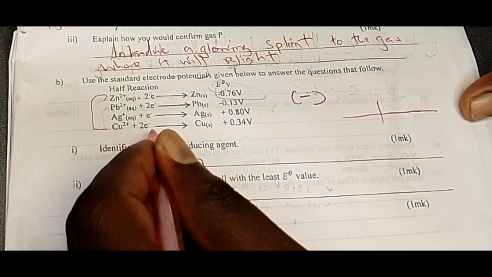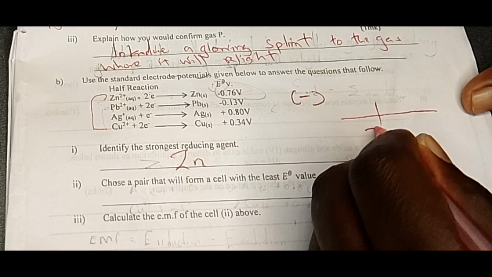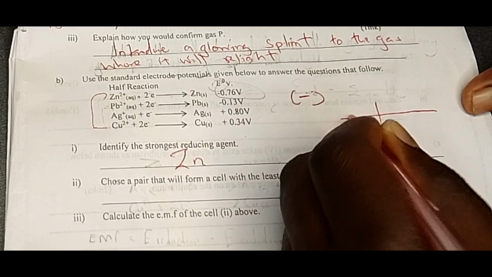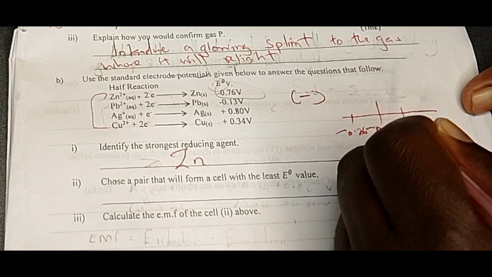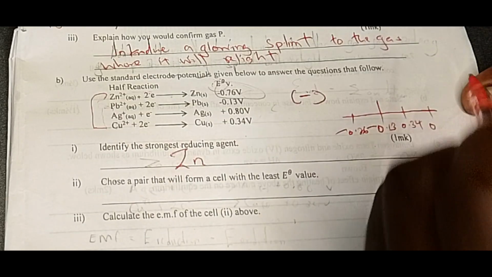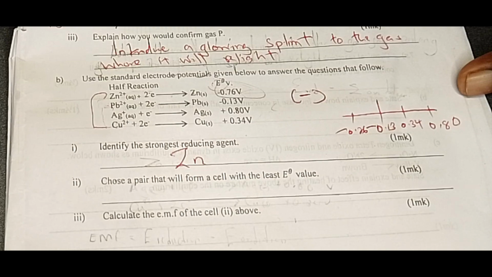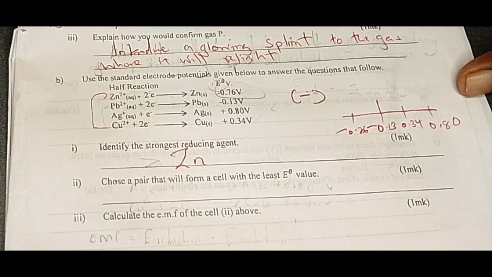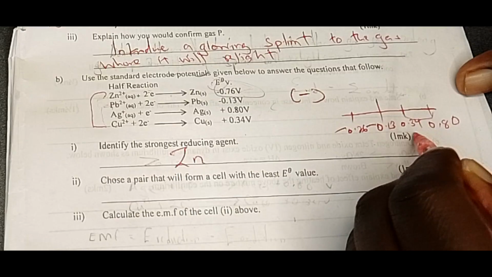So you have a negative towards this side, negative 0.13, negative 0.76, positive 0.34, and also positive 0.80. Remember now, the one which is going to give you the least EMF must be those ones which are close to each other. Like now 0.34 and 0.8, you find the difference.